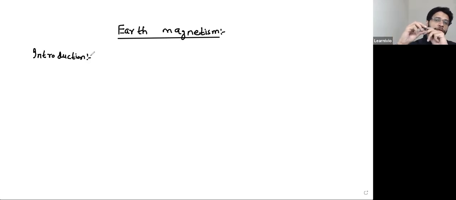The north pole of the freely suspended bar magnet experiences an attractive force towards the north pole of the Earth, and the south pole experiences an attractive force towards the south pole of the Earth. Due to these attractive forces, the magnet gets aligned along the north-south direction. So, we will study the magnetic field of Earth.